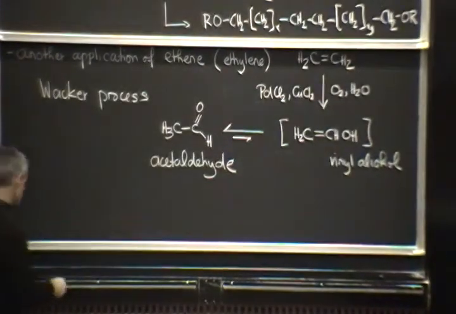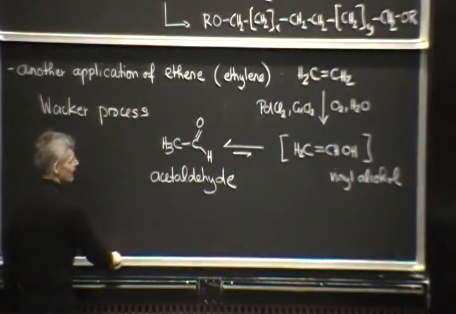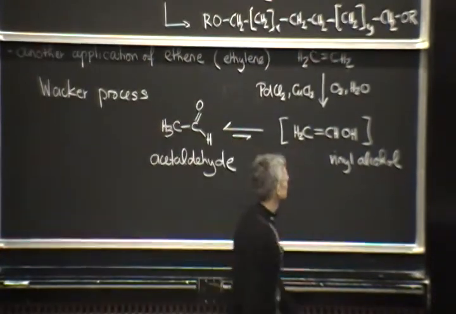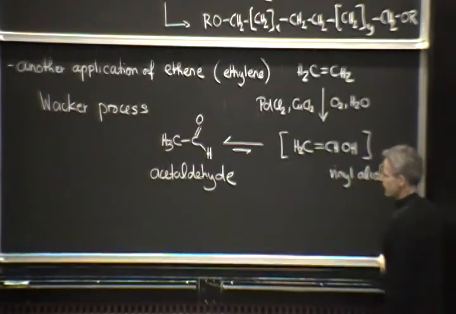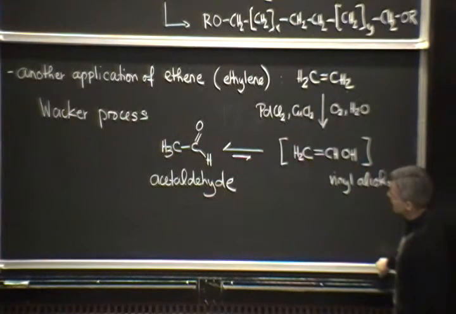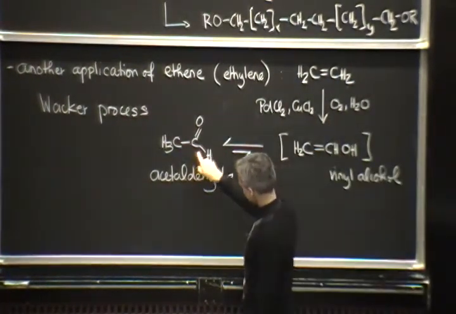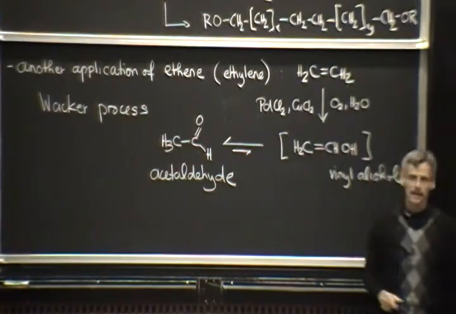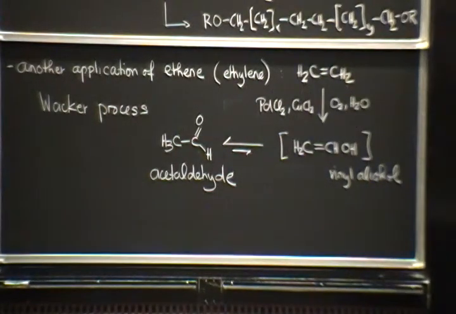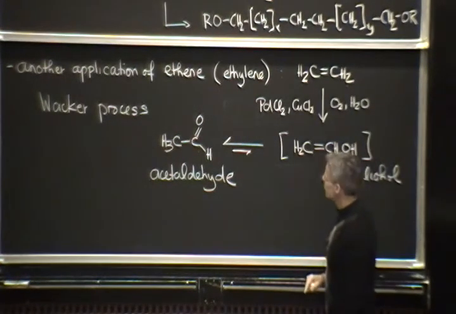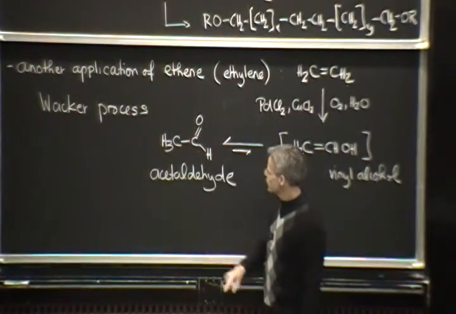So the overall product in a Wacker oxidation, if you use ethylene as a starting material, is an aldehyde, in this case acetaldehyde. So the number of carbons stays the same, but as you can see, we exchange a hydrogen with an oxygen, and we also reshuffle a hydrogen to the terminus of the CH2 group here, so another hydrogen shows up here.